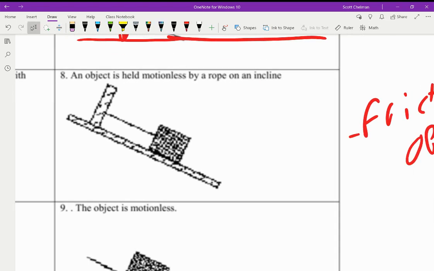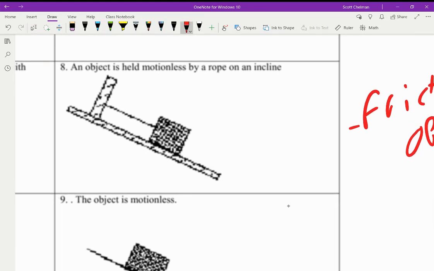You are held motionless by a rope on an incline. So again, you've got your gravity, perpendicular to the surface of the Earth, like this. You have the normal force like this. Now, what else are you going to have? Yeah, tension. Good.